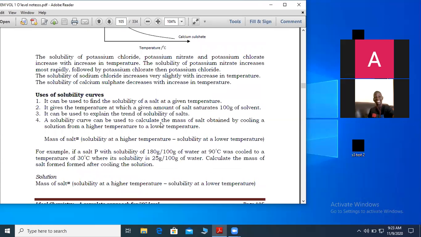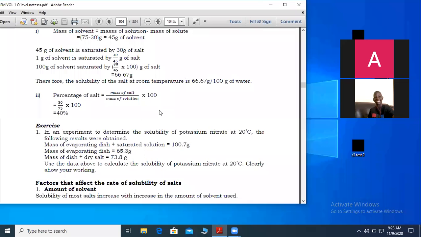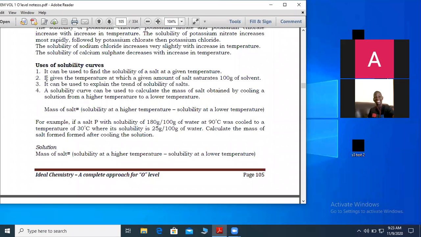Now, from there, there is something we looked at about the importance of the solubility curve, the uses of the solubility curve. We said that it can be used to determine the mass of crystals deposited when a solution is cooled from a higher temperature to a lower temperature.